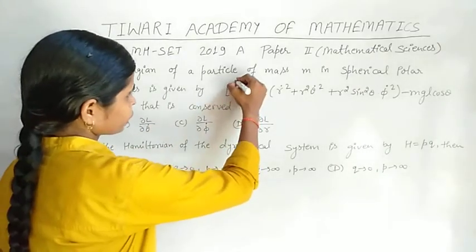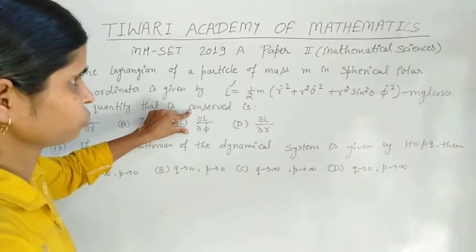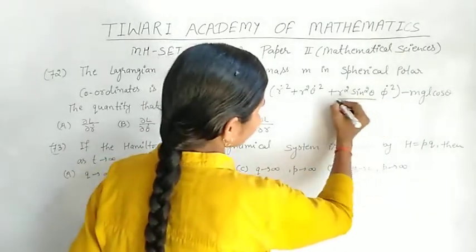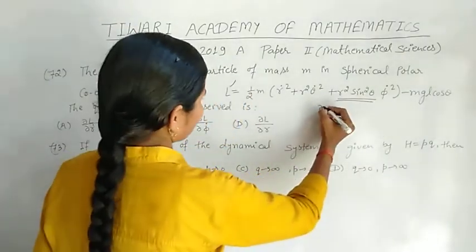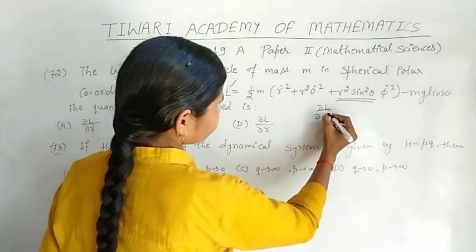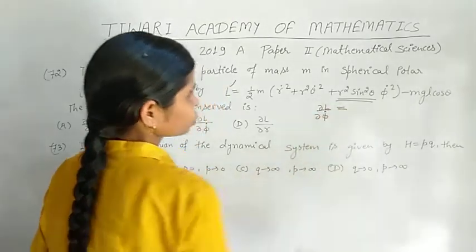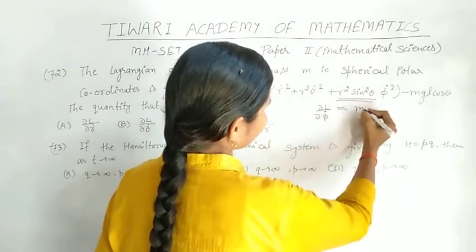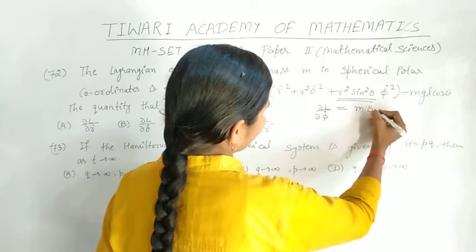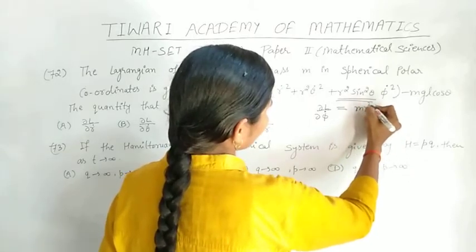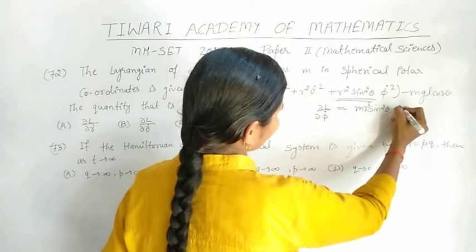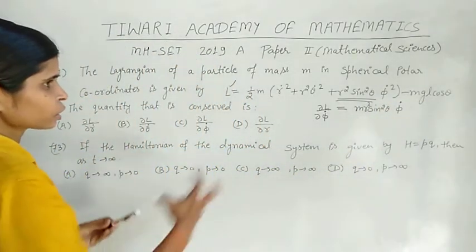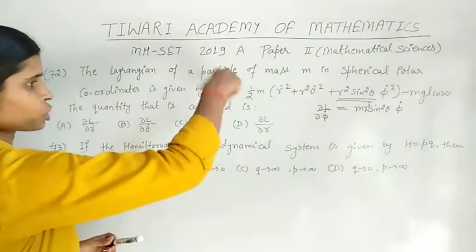If we differentiate this with respect to phi dot, then only this term is present. ∂L/∂phi dot equals, the 2 cancels out, m r squared sin squared theta times phi dot, and this is conserved in the whole system.